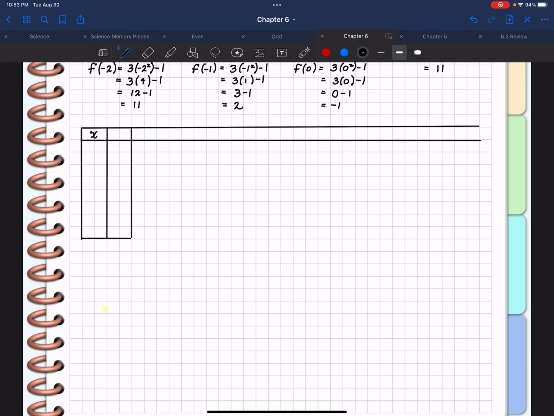So here's x and here's f of x. And I'm going to use -3, -2, -1, 0, 1, 2, 3. And I've picked up an extra row, so let me get rid of that. We don't need that many. You could do that many, but it isn't necessary.